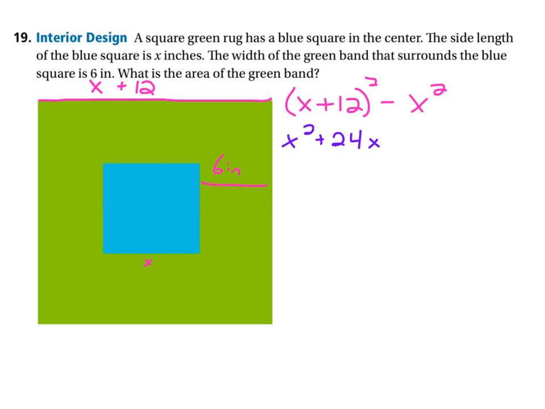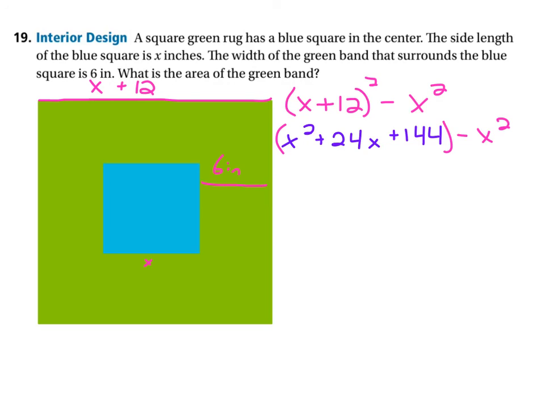This is 12, so 12 squared is 144, plus 144. And then, of course, you can see that we still have the minus x squared at the end from the original thing up top. Okay? This is what our squared binomial turns into.